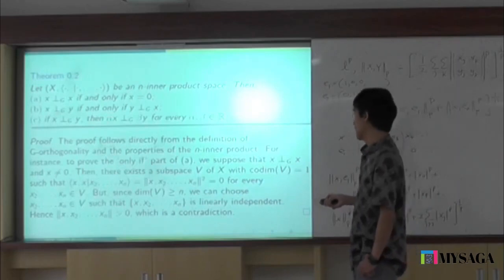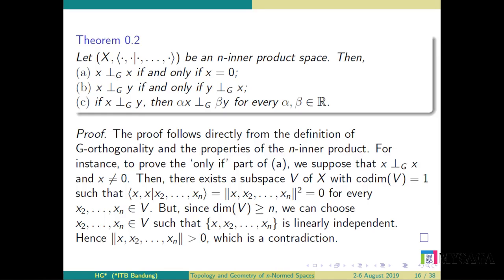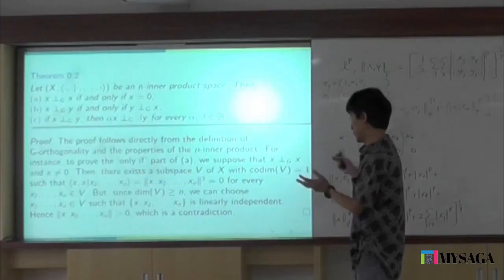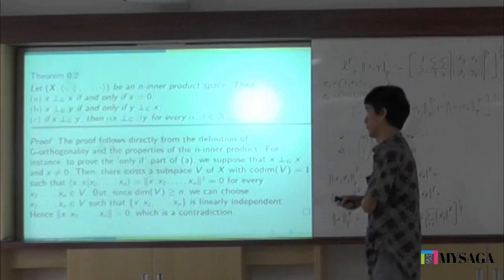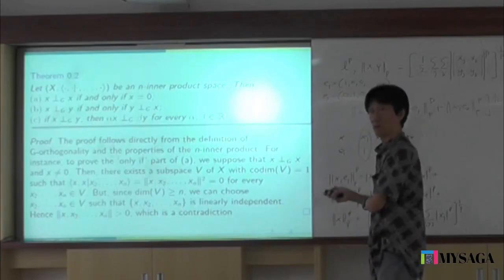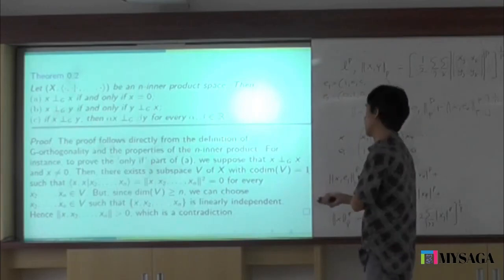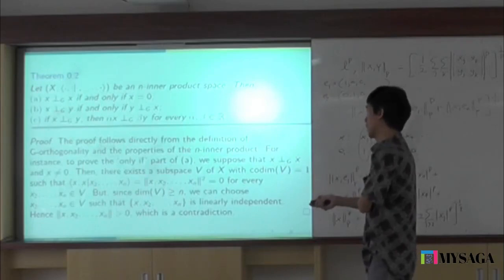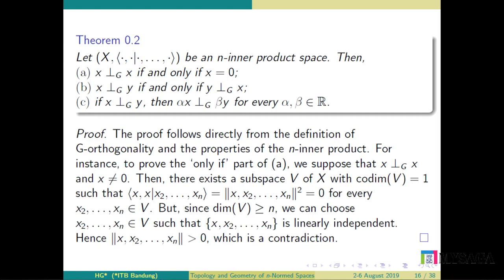But since V has dimension greater than or equal to n, it's actually greater than or equal to n plus 1, so it must be greater than or equal to n. We can choose x2 up to xn such that these are linearly independent, right? So for those vectors, this must be positive.